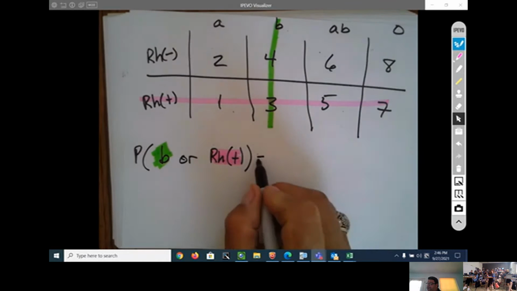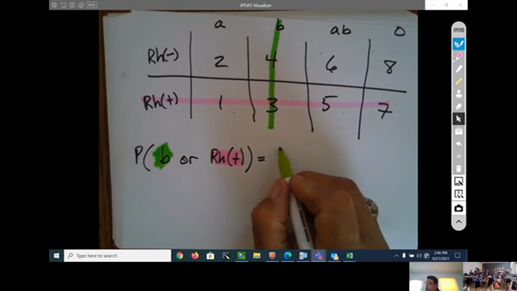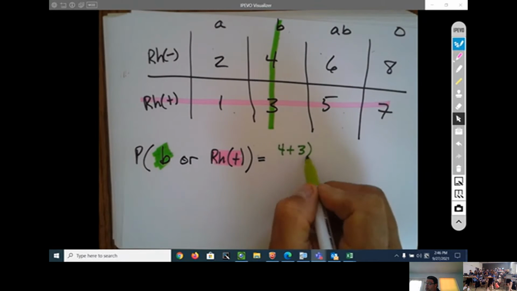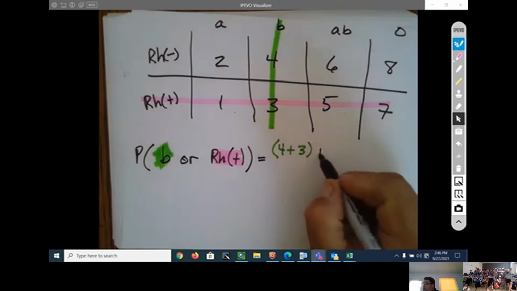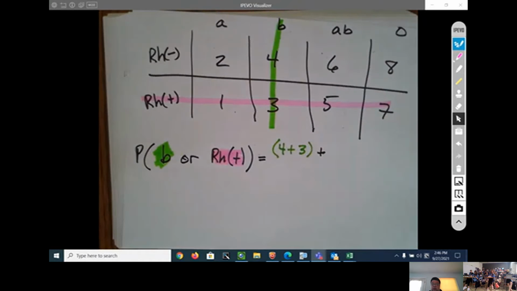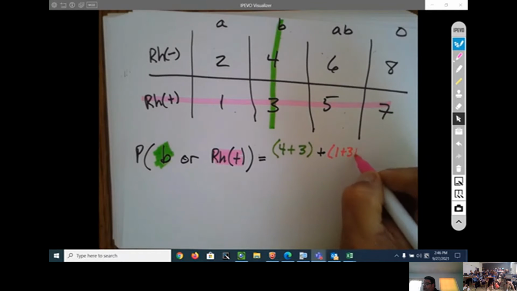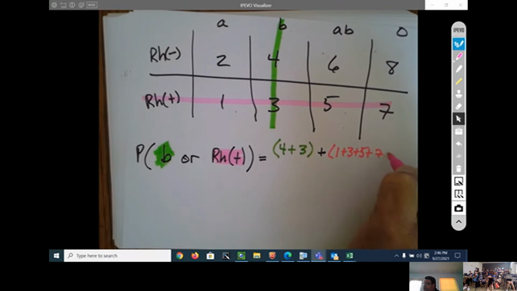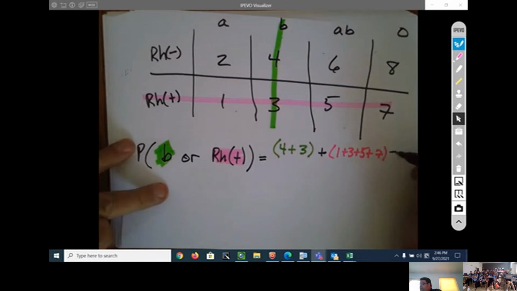All right. So 4 plus 3 plus, since we're adding, 1 plus 3 plus 5 plus 7 minus the overlap.